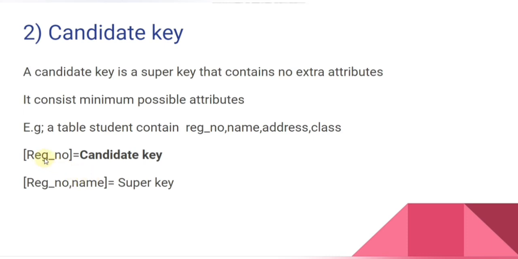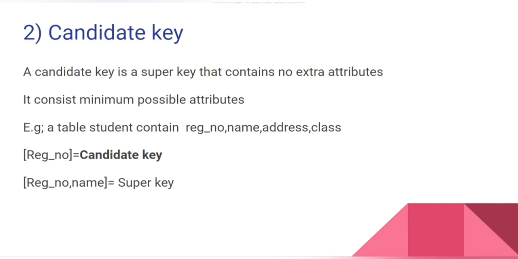That is why candidate key contains no extra attributes, while super key can contain extra attributes, so more than one attribute. In candidate key, we cannot add unnecessary attributes. So it is another type of key.